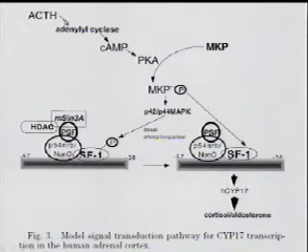So the ACTH coming ultimately to the activation of adenylate cyclase, the transduction through its receptor, to the cyclic AMP, to the PKA, and there's this MKP that becomes phosphorylated and then has this effect on this complex, a type of MAP kinase that is responsible for the basal phosphorylation.